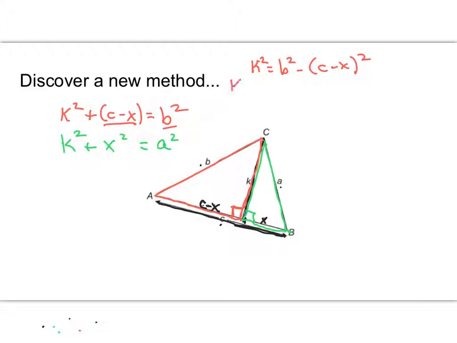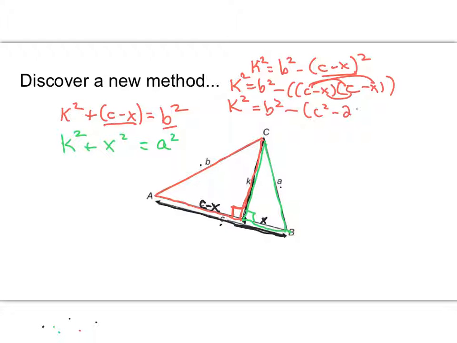And I can simplify that further if I expand (c minus x) squared. You're probably not going to think this is pretty, because it's not c squared minus x squared. It's c minus x times c minus x, which gives me c squared minus cx minus cx, so minus 2cx, and then negative x times negative x is positive x squared.